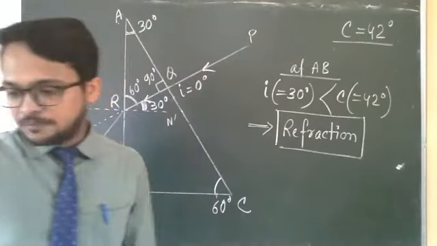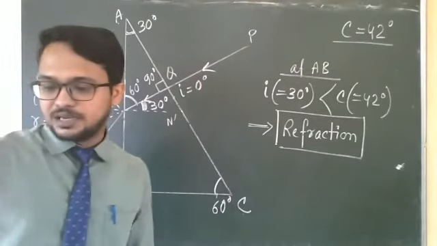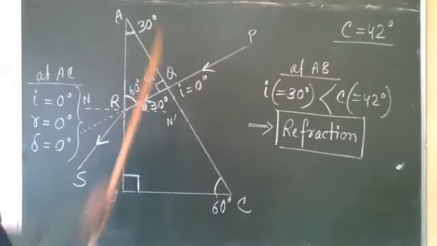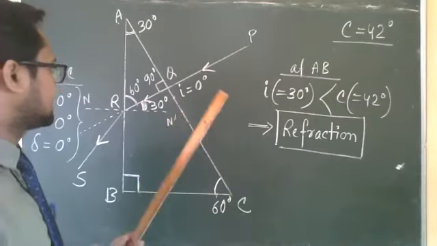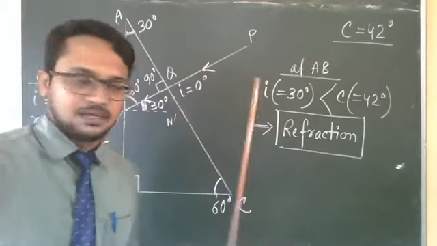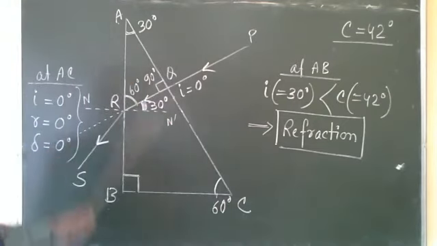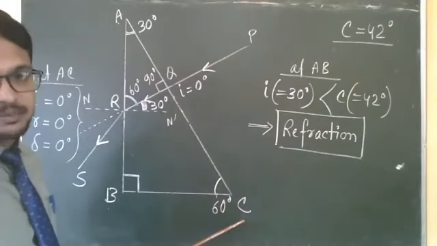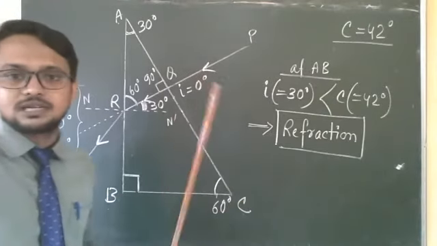Come to the fourth diagram, figure 4.53. Again, same prism. In the last two cases, we saw that there is no total internal reflection, whether the light is incident normally at surface AB or at surface AC. But in the first diagram that we discussed today, there was total internal reflection.